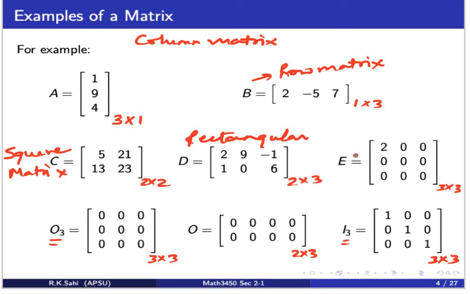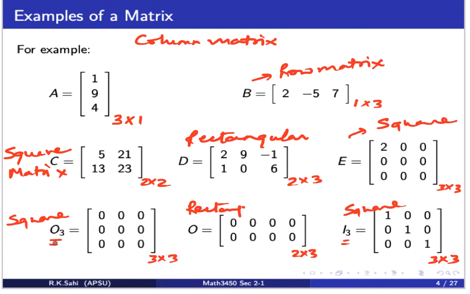Now E has the same number of rows and columns, so E is also a square matrix. O3 is also a square matrix. And I3 also is a square matrix, whereas the capital O is a rectangular matrix.